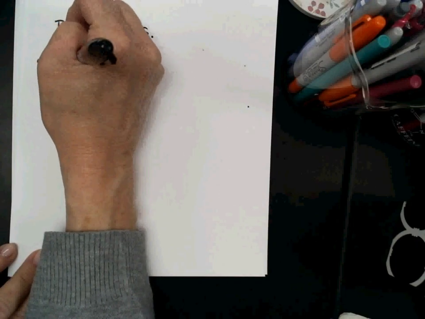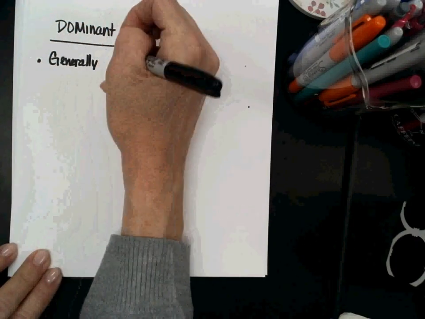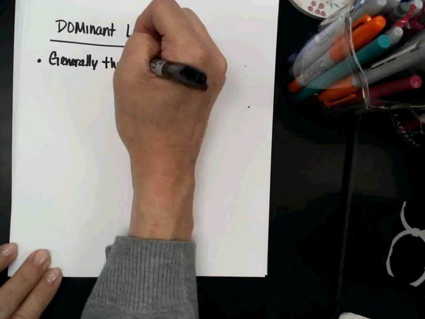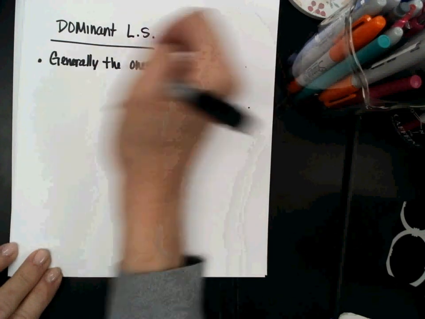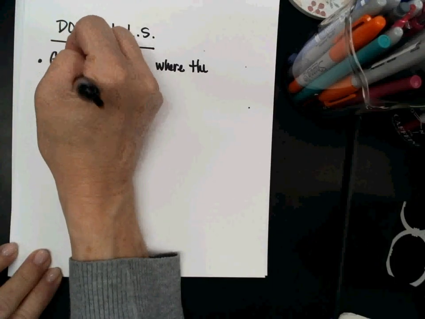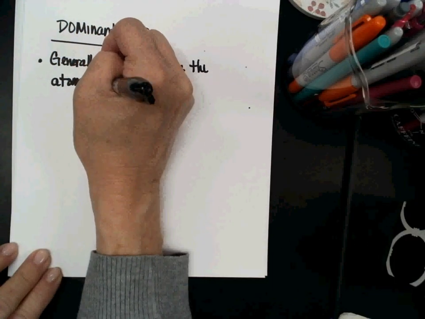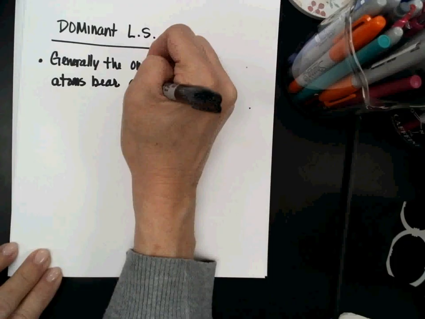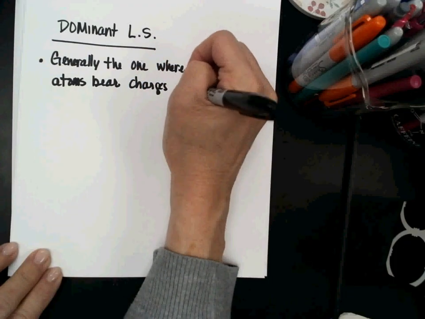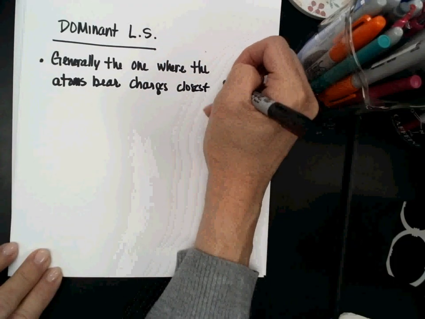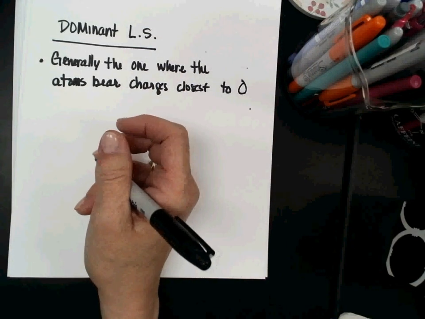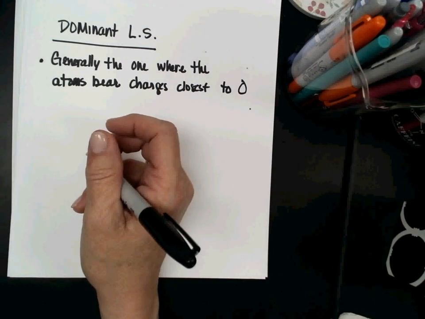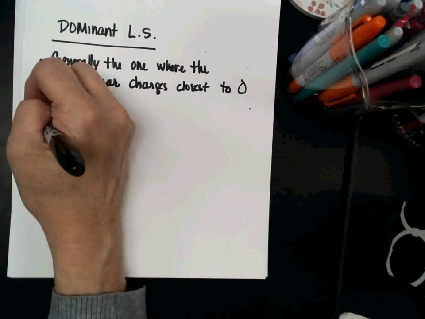The dominant Lewis structure is generally the one where the atoms bear charges or have charges closest to 0.